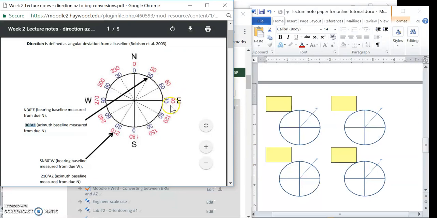Once you get past 90 degrees, azimuth keeps going up, bearing actually starts going down. In this case, where it's south 60 degrees east for the bearing, the azimuth is 120 degrees azimuth.